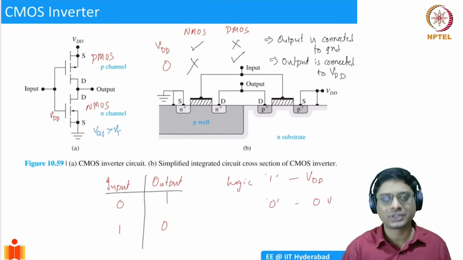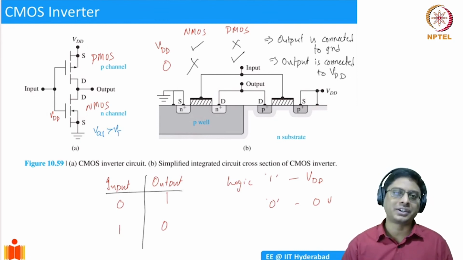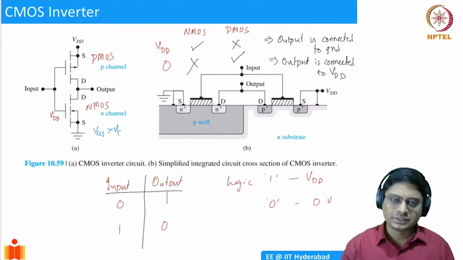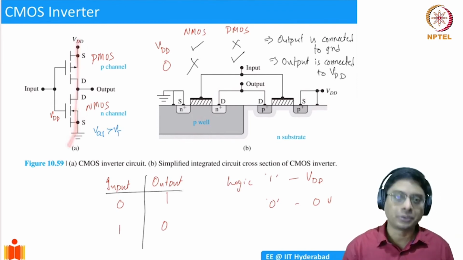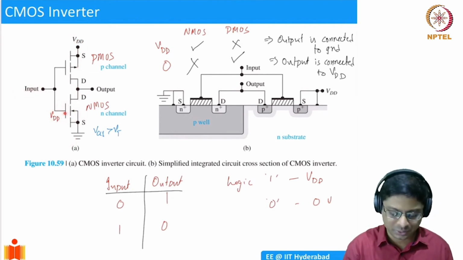This is the simplest CMOS circuit that you can think of. And the beauty of this circuit is that at any point of time, except during the switching, if I'm at 0 or at 1, there is no direct connection from the VDD to the ground. So current cannot flow. And we already saw that the input has very high input resistance. There's no current due to this.